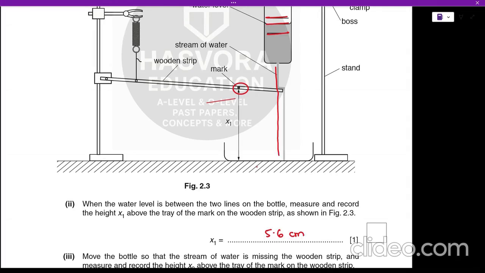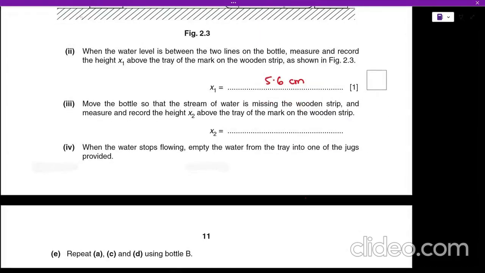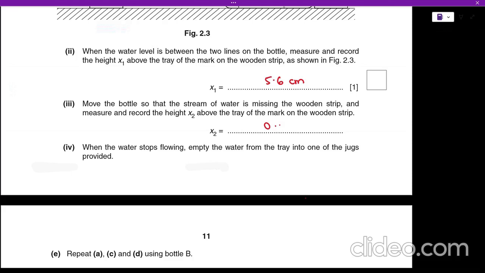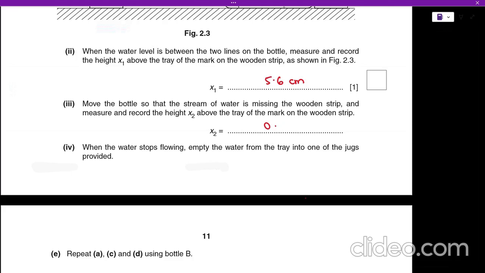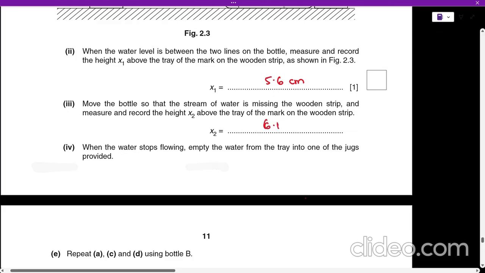So the height would be increased, so let's just assume it is 6.1 centimeter.